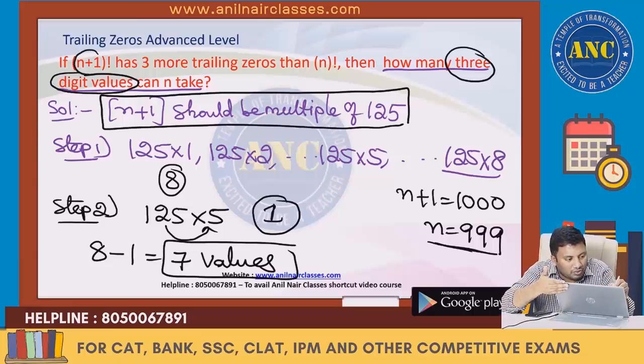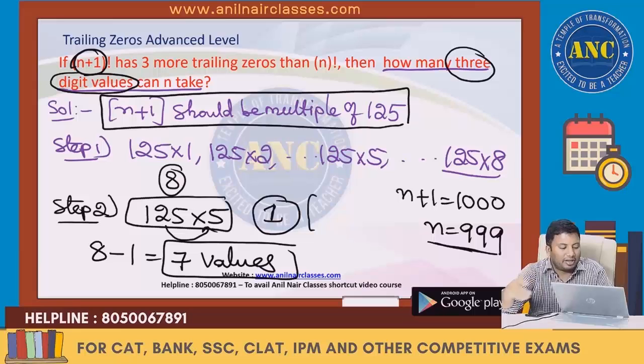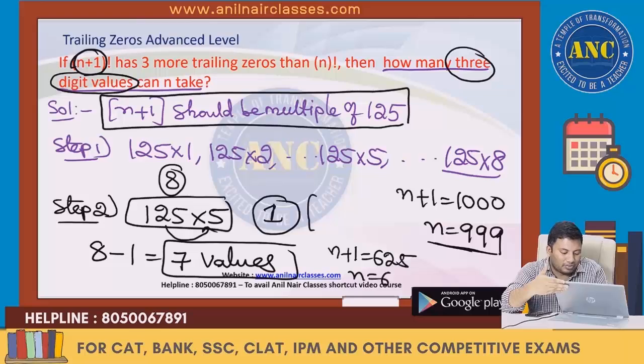Here n plus 1 is a multiple of 125: 125 ones up to 125 eights. Total 8 values I will get, out of which one value, the 5 multiple of 125, should be eliminated. Why? Because if n plus 1 is 625, n value will become 624.